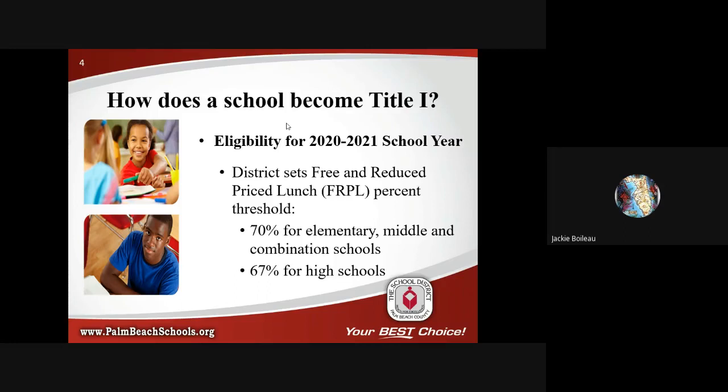And so we have to start getting the word out that those who are eligible need to apply. They still need to apply, even though they're already getting the meals for free, because that could change come January. And then we're going to have to go through this process.